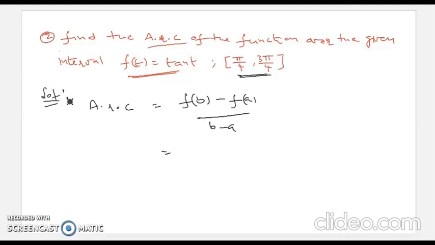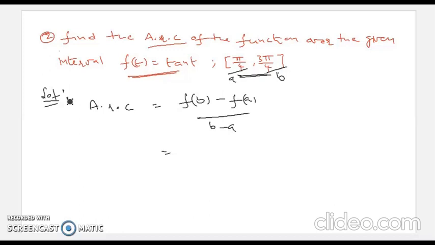So here a is pi by 4, b is 3 pi by 4. If we plug in b in place of t, f of b means tan b, and if we plug in pi by 4 as a, we have tan a.